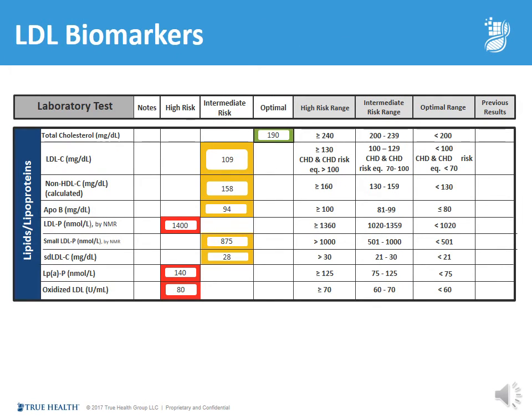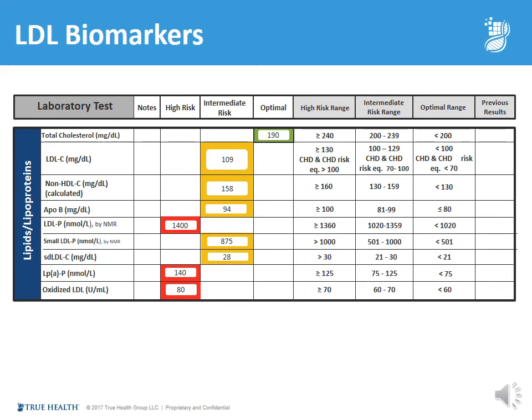So in summary, here is a list of the LDL biomarkers that are offered at True Health Diagnostics. It's total cholesterol, a very poor ApoB or LDL particle metric. It is LDL cholesterol, the most conventionally used, non-HDL cholesterol, which guidelines at least are moving to as a goal of therapy, and then the more accurate measurements, apolipoprotein B, LDL particle counts.